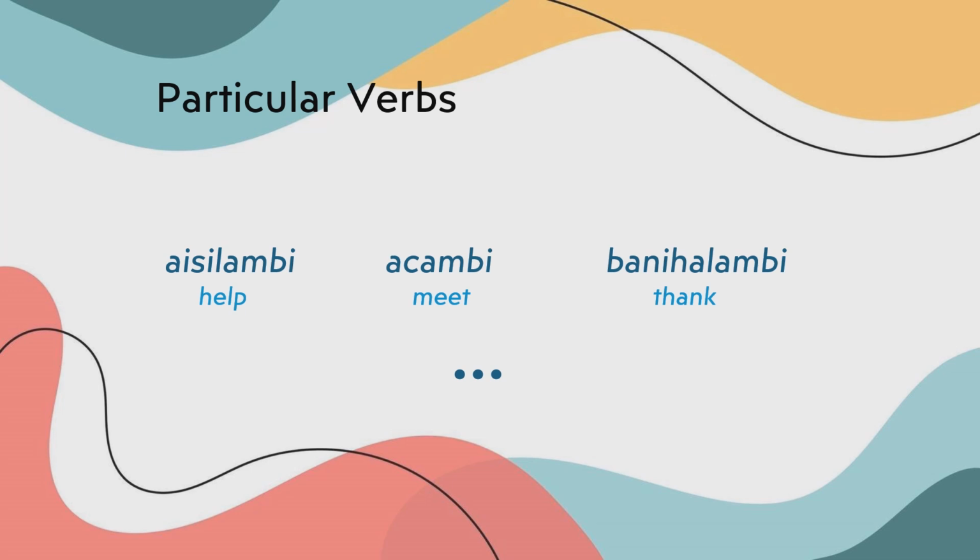Whatever, let's just look at some examples. Some of these verbs are ajilam, to help, achim, to meet, banihalam, to thank or give thanks to, and so on. Let's look at how to use them.